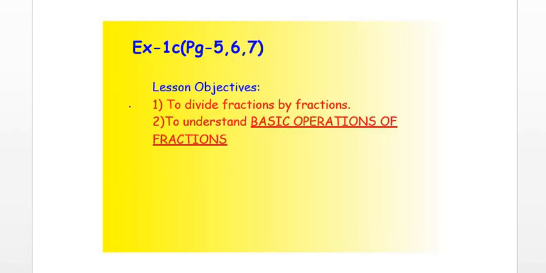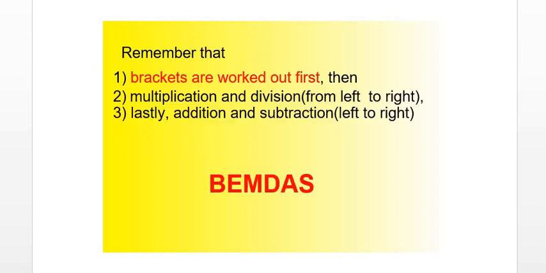In my first video, I explained how to divide the fractions, and today we are going to focus on the basic operations of fractions. Remember, when we have many fractions and many operations in one question, if there are brackets, first of all we have to work out the brackets.